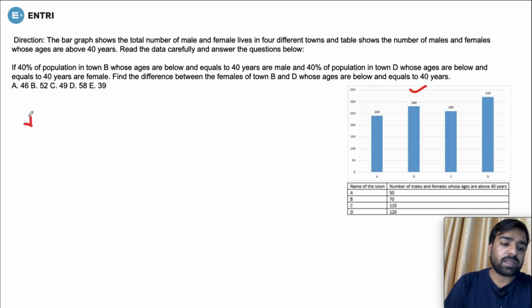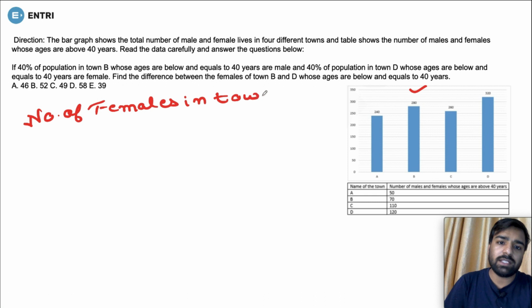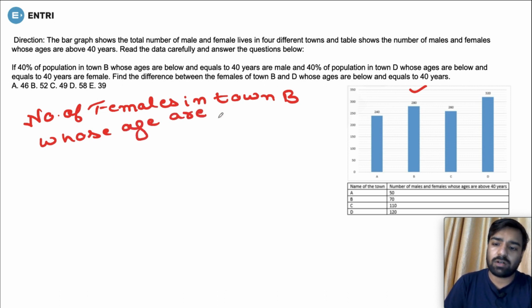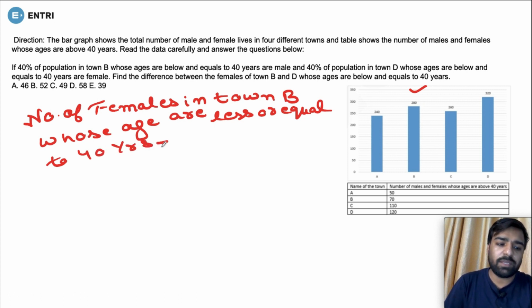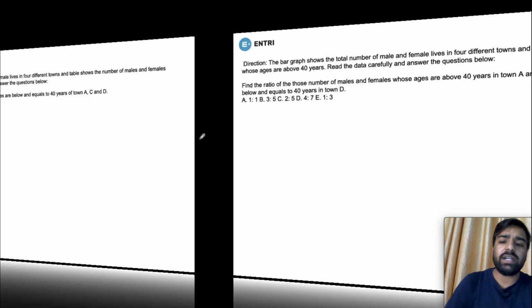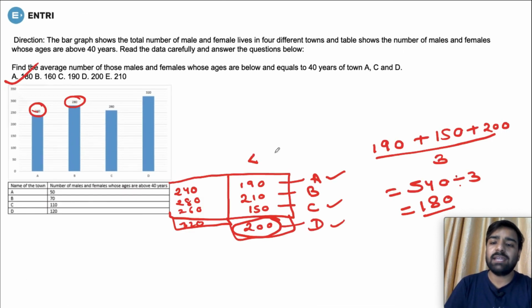So if we write number of females in town B whose age are below, or we can say less or equal to 40 years, it would be equal to 210 into 0.60, and 210 has come from this table, isn't it?